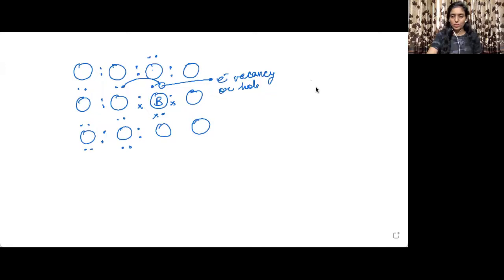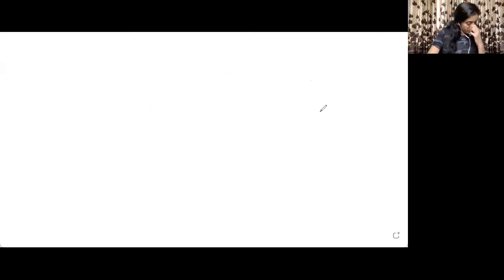Let's see what the question number is. Question number 1.18. It says non-stoichiometric cuprous oxide can be prepared in the laboratory.